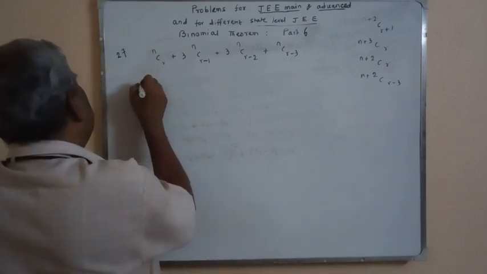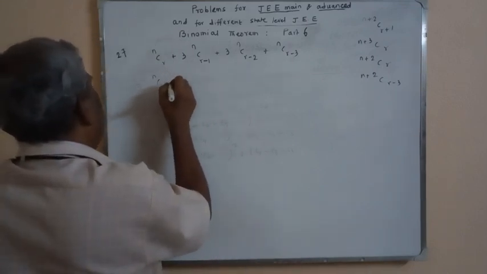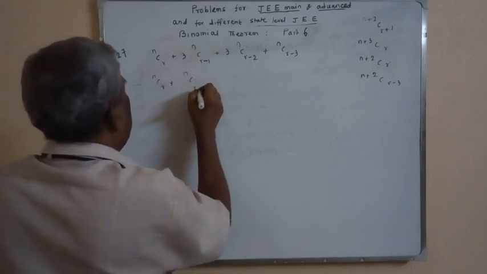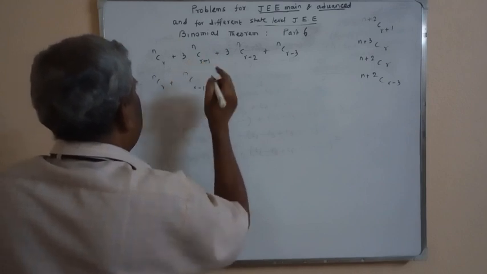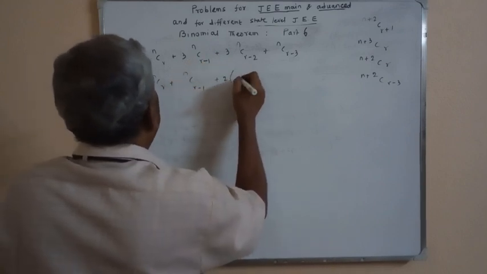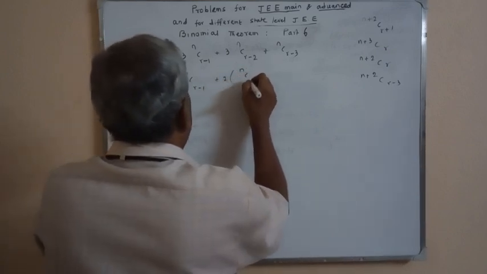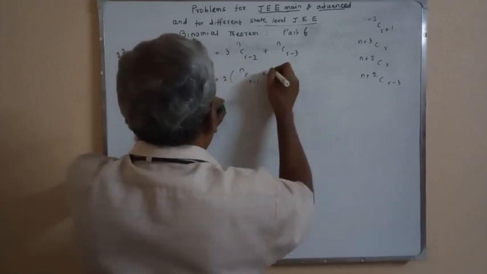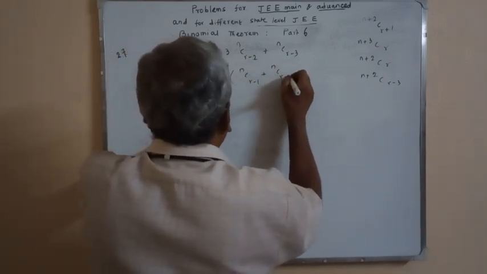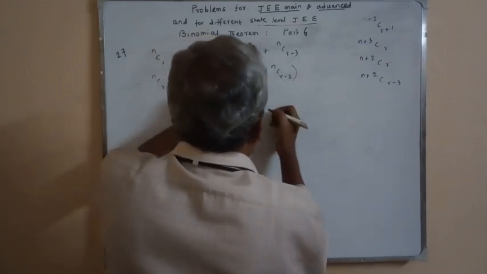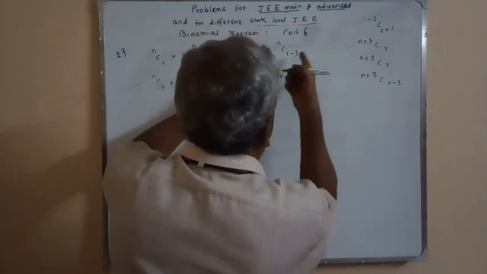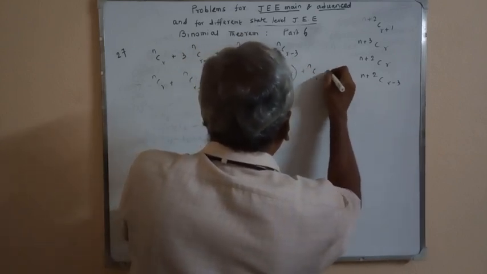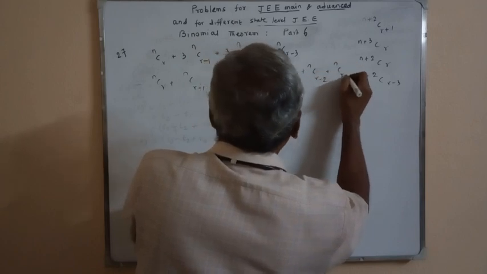This can be written as nCr plus, take 1, that is nC(r minus 1), 2 left. nC(r minus 1) plus, take 2 from it, nC(r minus 2). So 1 of this and that are left, plus nC(r minus 2) plus nC(r minus 3).